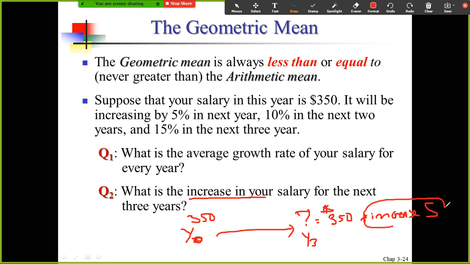That's why question 2 is asking: what is the amount of your salary increase in the next 3 years, let's say X? So your salary in year 3 must be your salary now plus X. X is the amount of salary increase during these 3 years.